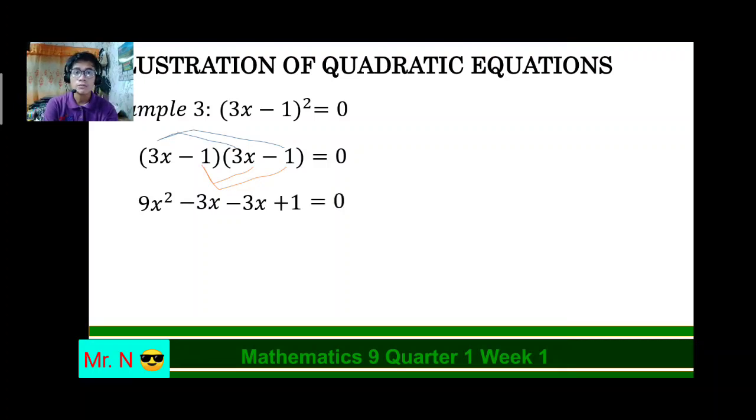And now, let's simplify by combining like terms. So, yung like terms dyan ay si negative 3x and negative 3x. So, let's combine them. The answer is negative 6x. Again, if you can recall the concept of subtracting integers, we have the 3 easy steps, no, to subtract integers.